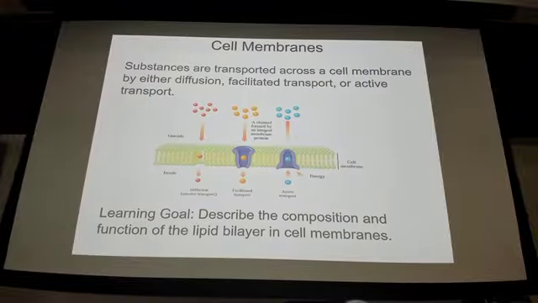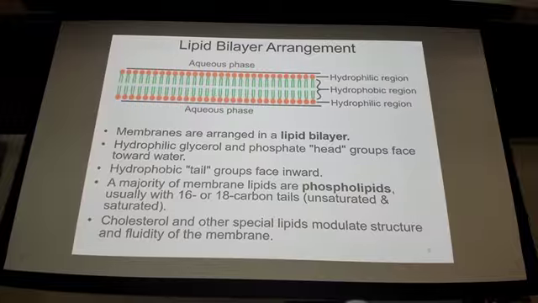So here's basically a diagram showing how cell membranes regulate the transport of material across its surface, and there are 3 different types. We're going to talk about these in a little bit more detail. Here is the cell membrane or lipid bilayer arrangement. You have aqueous phase, this is external, and aqueous phase internal, this is where the cytosol would be. And you see you have the hydrophilic head, hydrophobic tail regions, and then another hydrophilic head.